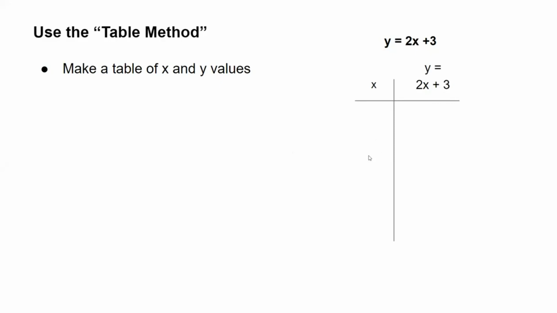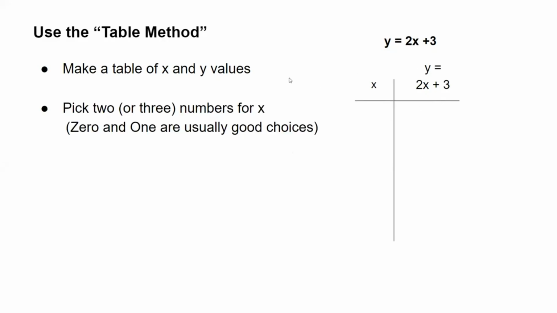We are going to choose the x values, and then we are going to calculate the resulting y values based on this equation. We're going to pick 2 or 3 numbers for x. 0 and 1 are usually good choices. 2 are absolutely necessary in order to graph a line. Using 3, or generating 3 coordinates, helps make sure that you don't make a mistake.